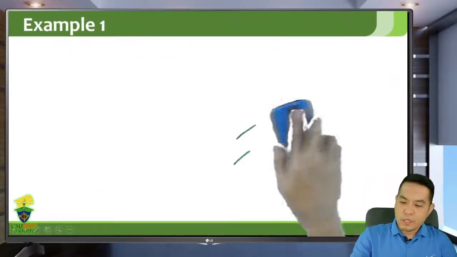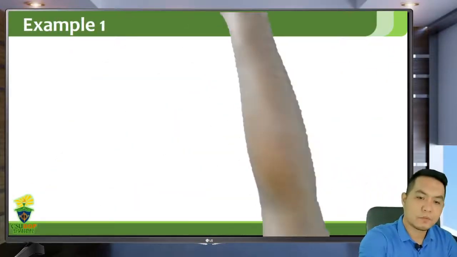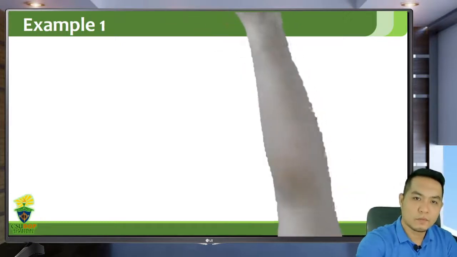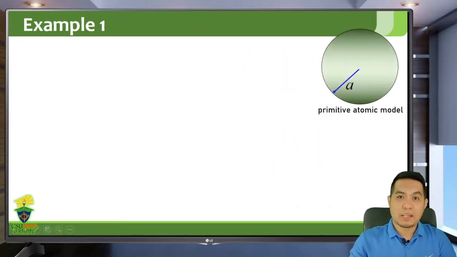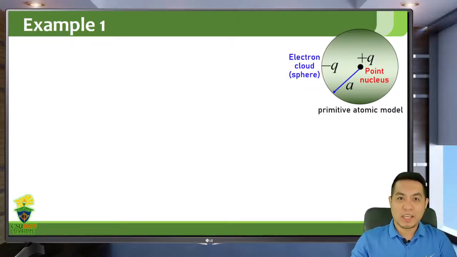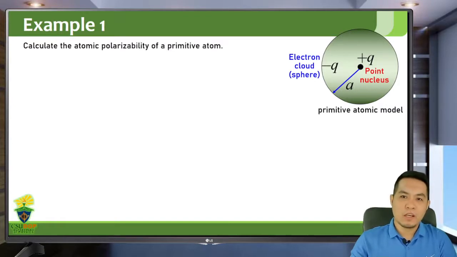Okay, so let's have an example. This is a primitive atom. In a primitive atom, you have a point nucleus, positive Q, and then you have a spherical electron cloud with a total charge of negative Q. So this is a neutral primitive atomic model, and the radius of the atom is say a.